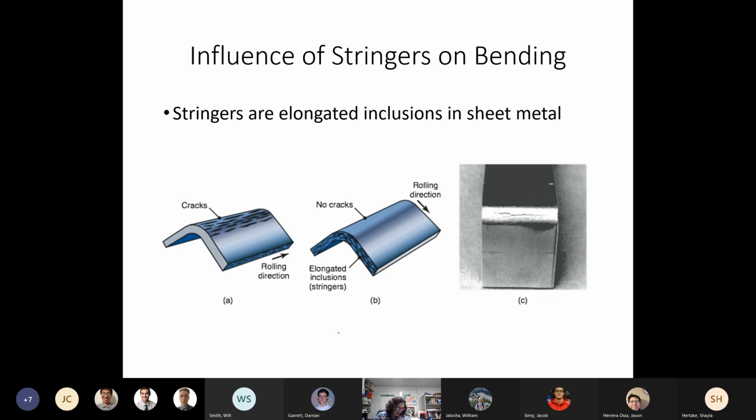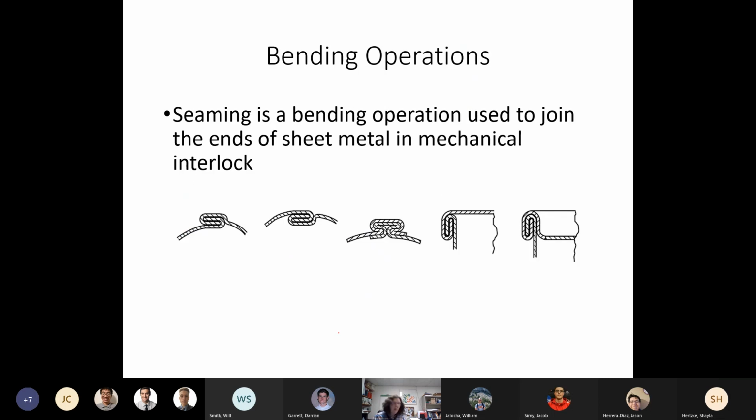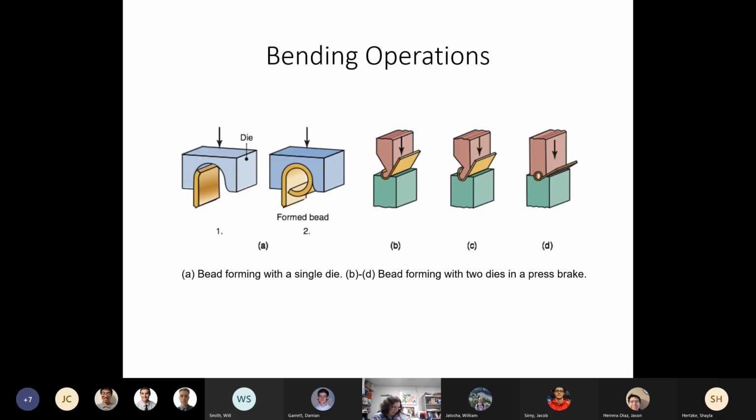Okay, here we talked about the inclusions and the rolling direction. We do have a few more bending operations. This one is called seaming, where we interlock two pieces of sheet metal by a bending operation. There are a couple different types of seaming, but again, this is a bending operation.